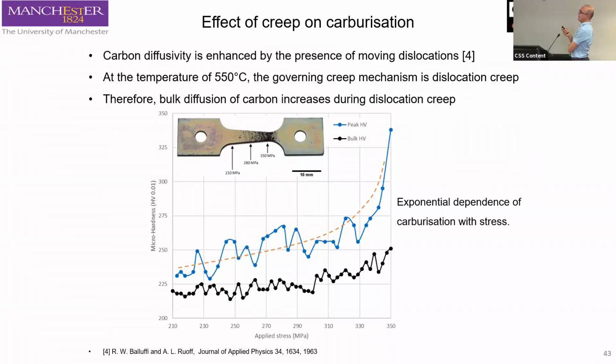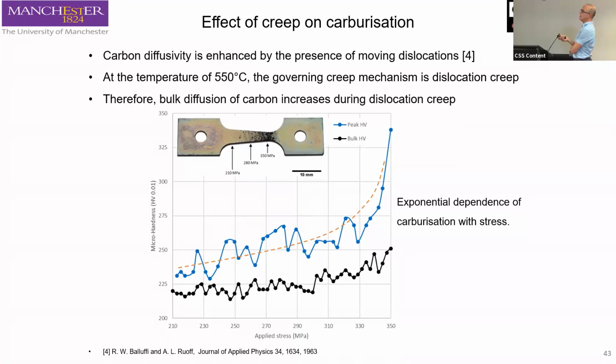But with regards to the development of carburization, we have clearly demonstrated an effect of stress on the hardening, and the reason why on an OPS surface there was a strong dependence between carburization and stress is because these materials are subjected to creep, and at 550 degrees the mechanism for creep is a dislocation type creep, and we know that the carbon diffusivity is enhanced by the effect of moving dislocations.